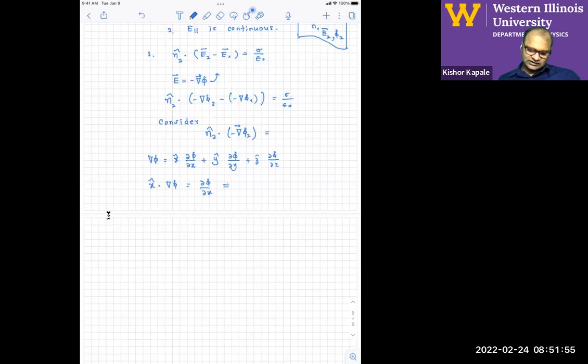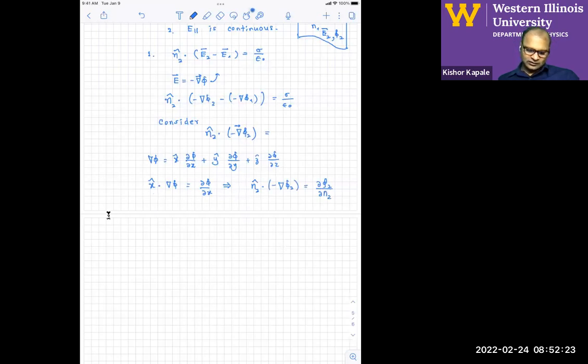Can we generalize this to say n2 dotted with negative gradient of phi 2 is going to be equal to the partial derivative of phi 2 with respect to the coordinate that corresponds to n2? Would you agree with this?